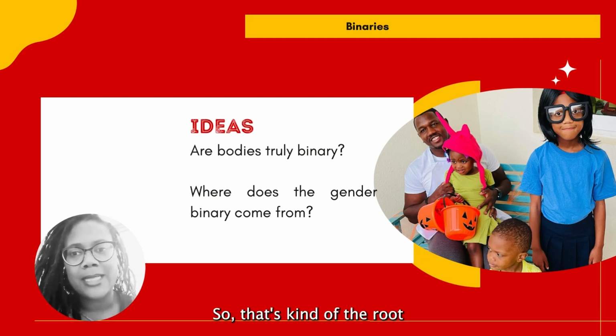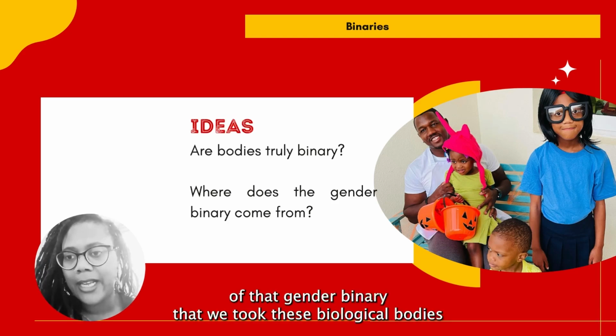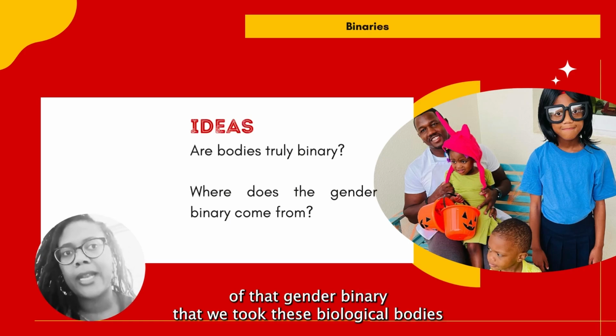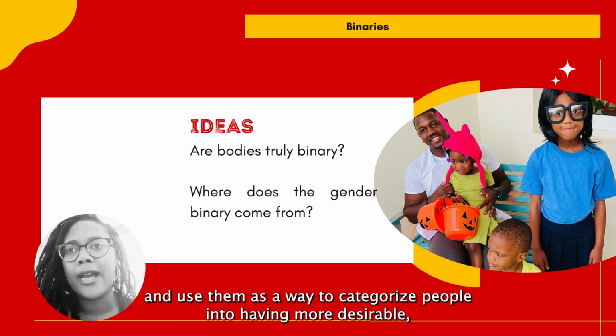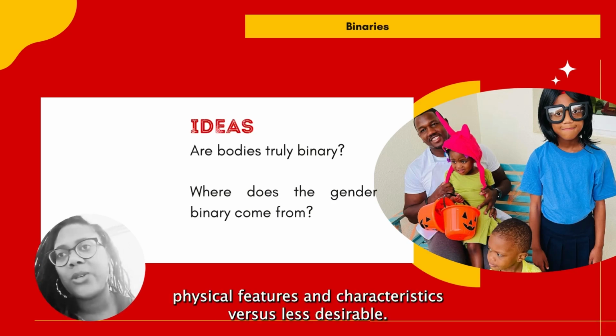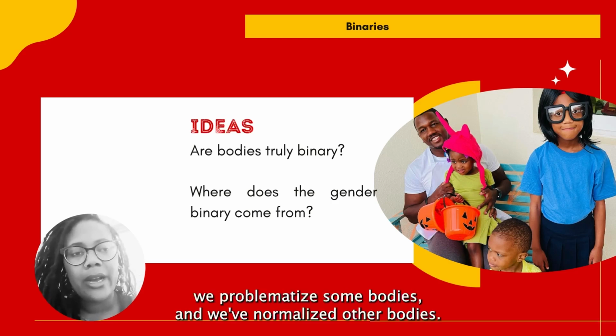That's kind of the root of that gender binary, that we took these biological bodies and used them as a way to categorize people into having more desirable physical features and characteristics versus less desirable. We problematized some bodies and we've normalized other bodies.